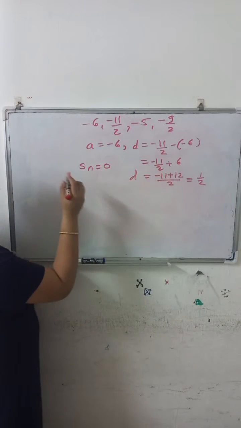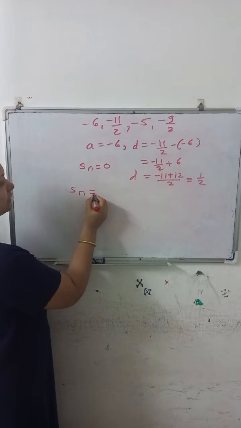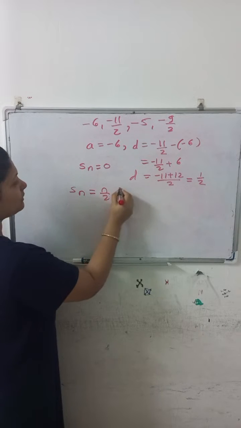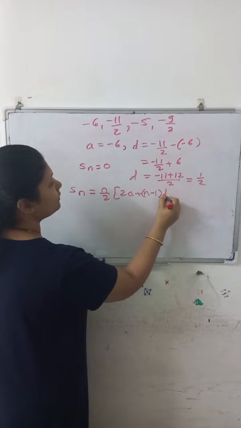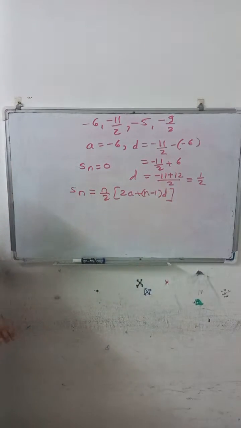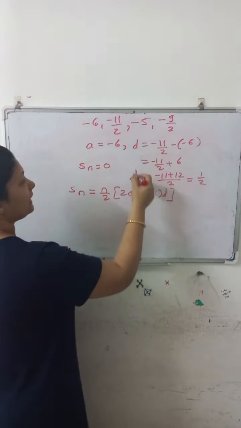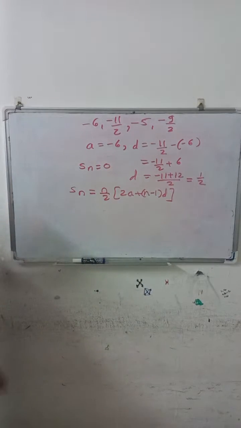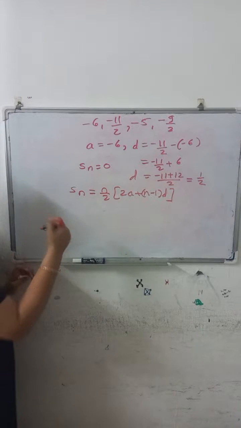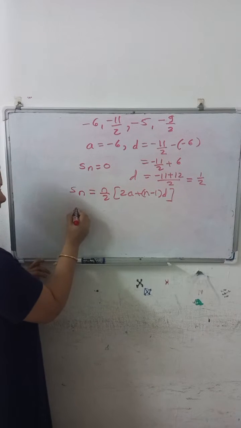Now write down the formula first: S n is equal to n by 2 into (2a plus (n minus 1) into d). For writing the correct formula you will get half a mark, and for a and d you will get 1 mark. Now start substituting the values.